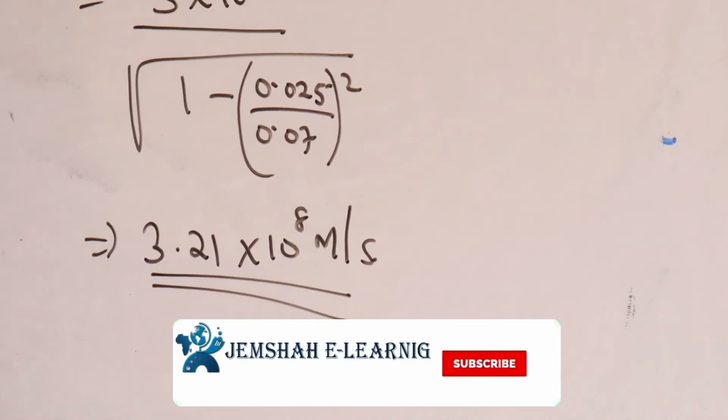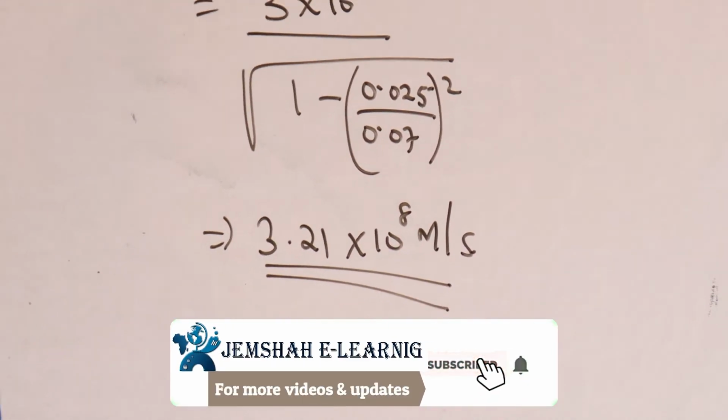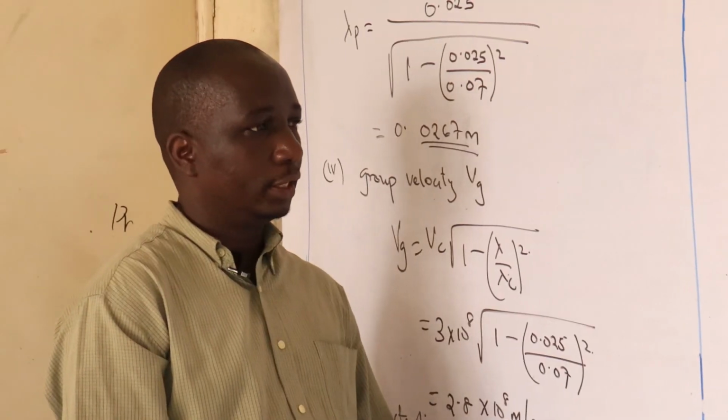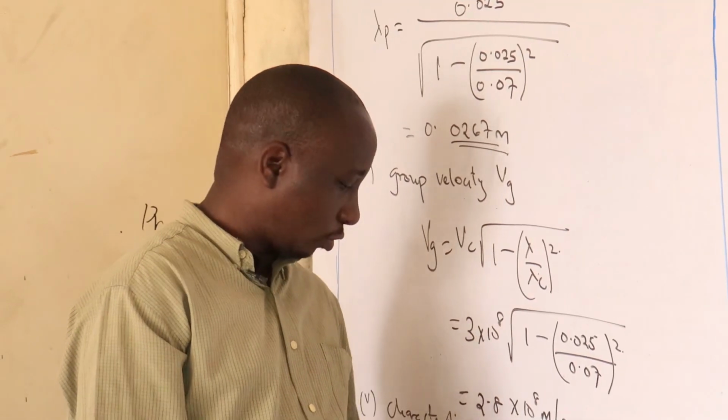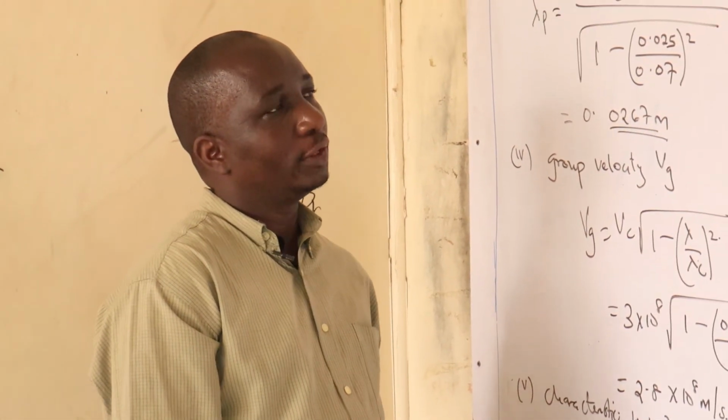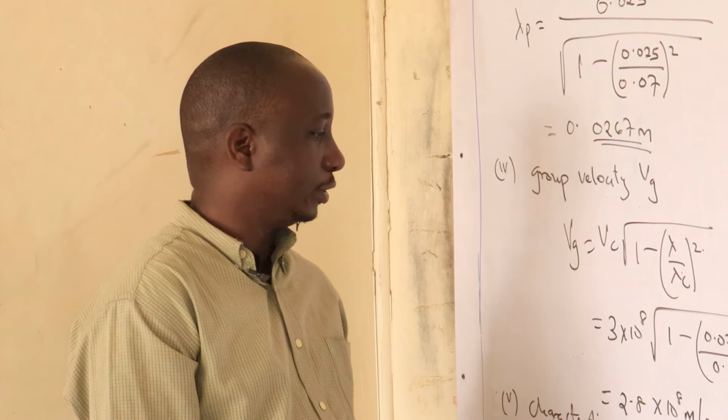So basically this is how we apply these formulas, and this is a good example of how we can use them and how they're related. Something else to note, comparing the phase velocity and the group velocity, is that the phase velocity appears to be greater than the group velocity.